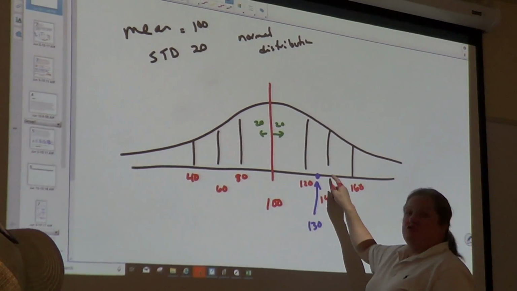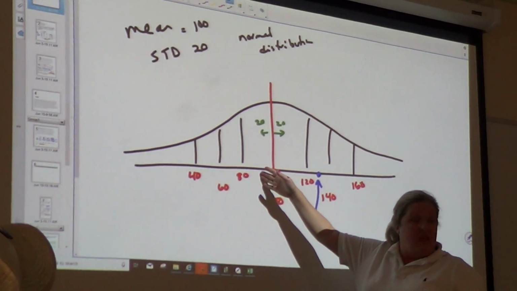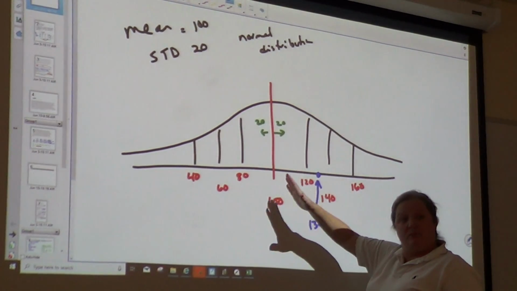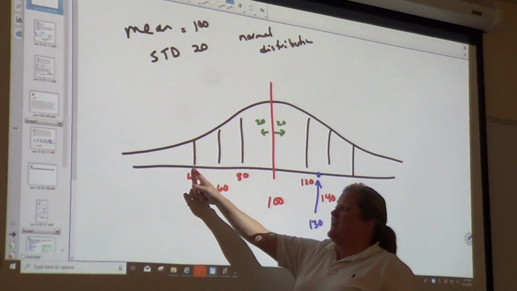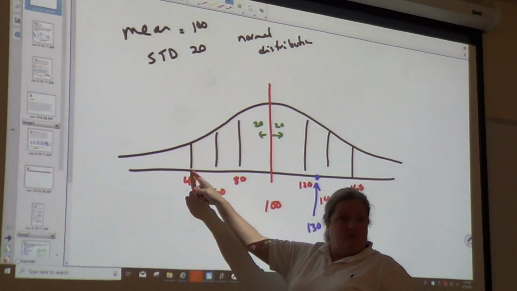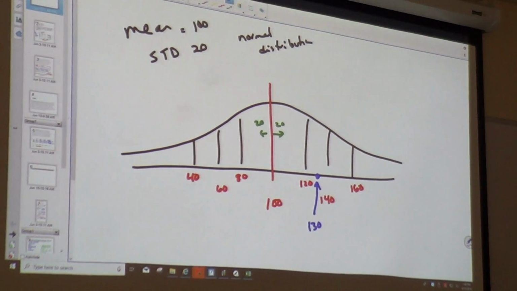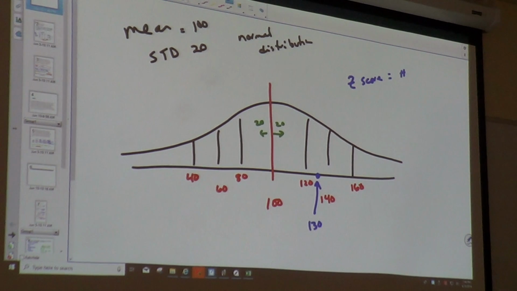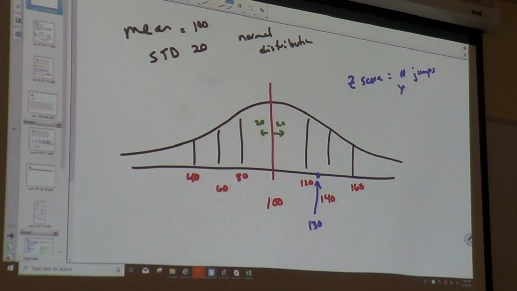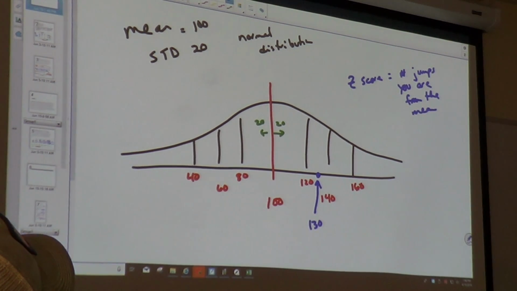So, do you agree that 140 is 2 jumps away from the mean? Yeah. We call that 2 jumps to the right, or positive 2, because you're going above the mean. This would be how many jumps? 3 to the left, which would be a -3. So your z-score, which we're getting ready to talk about, is the number of jumps the data is from the mean.